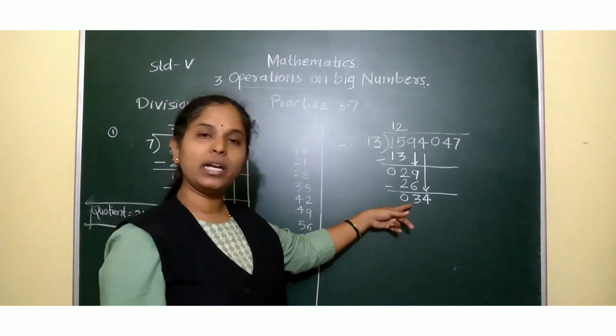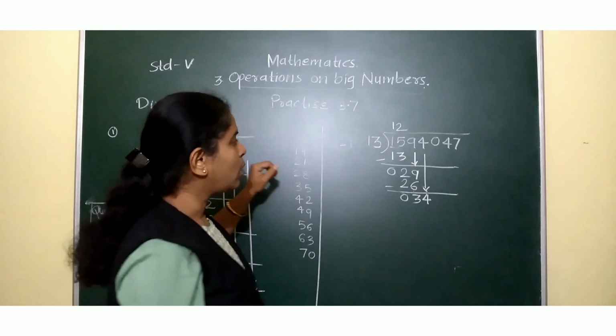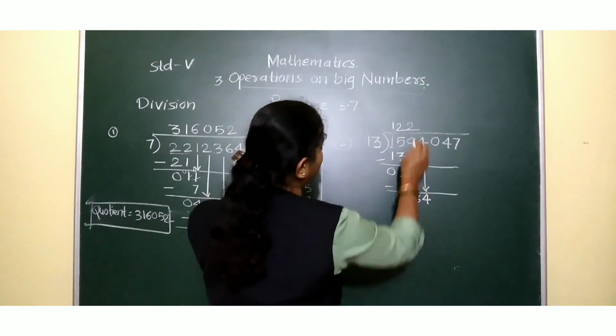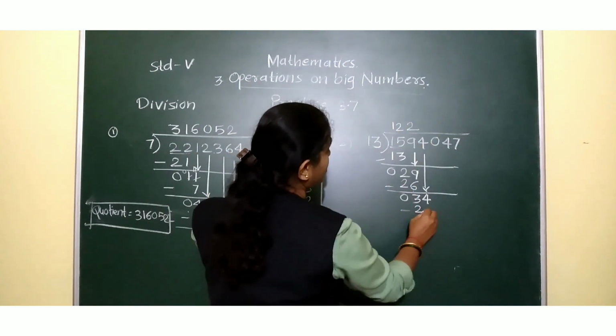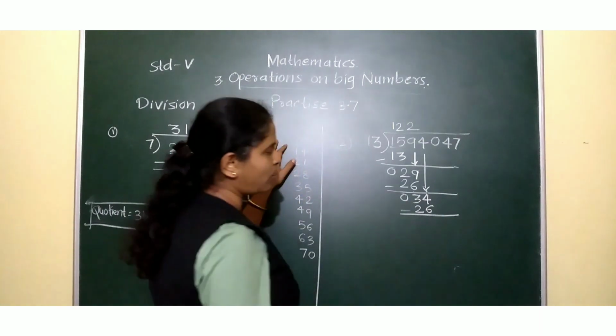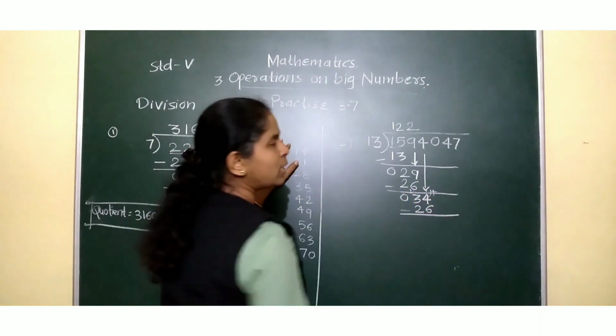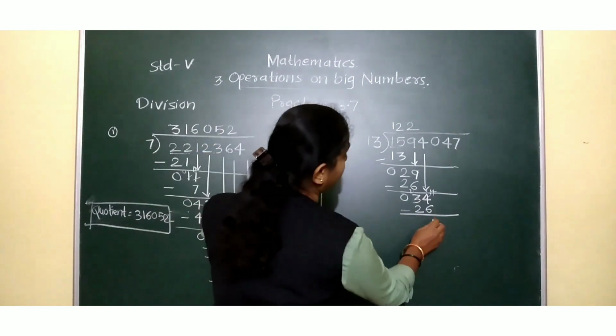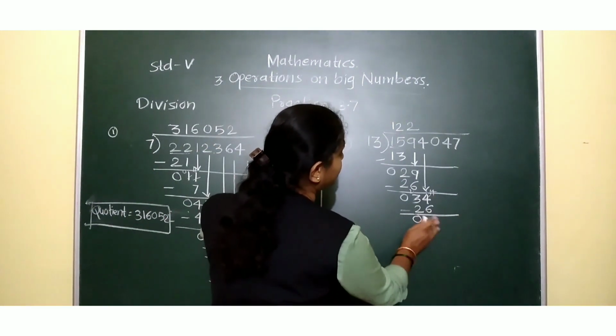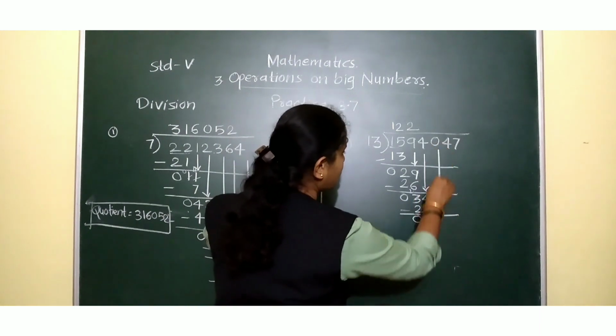But 39 is greater than 34. So again we have to take 13 2s are 26. Now do subtraction. Here 14 and here 2 will remain. 14 minus 6, 8. And this 0. Okay. Now take this 0 down.